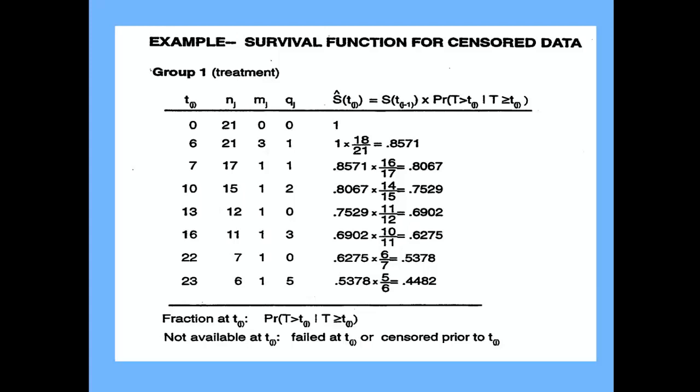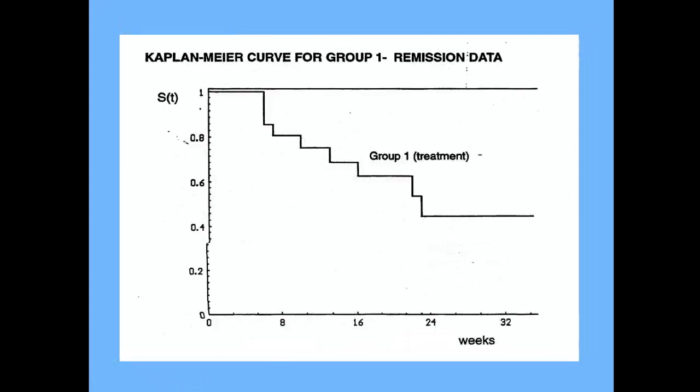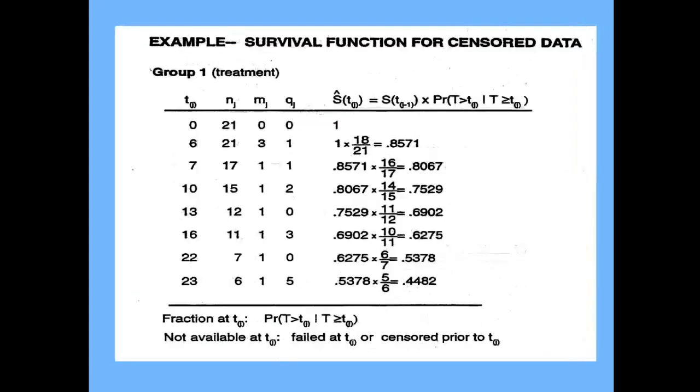You don't know whether they failed at 7 weeks or 10 weeks, but you know they survived 6 weeks. So the probability of surviving past 6 weeks is 18 over 21, because 3 people failed and 18 survived, and this person isn't counted in there. So you get 0.8571. That's the first term in the formula.